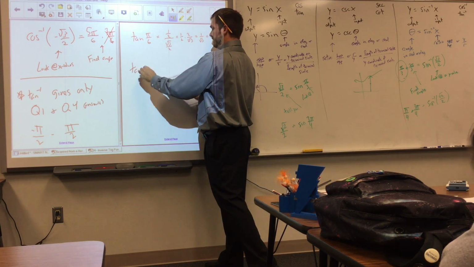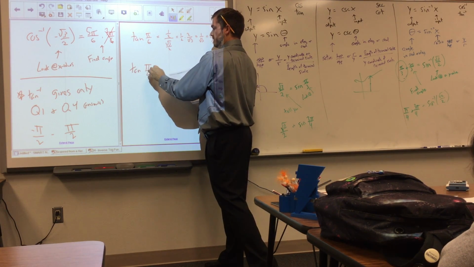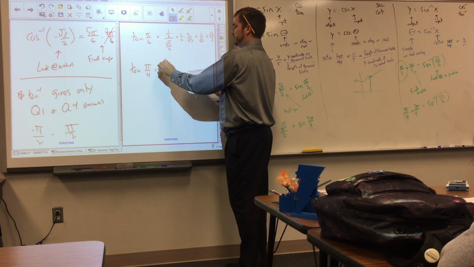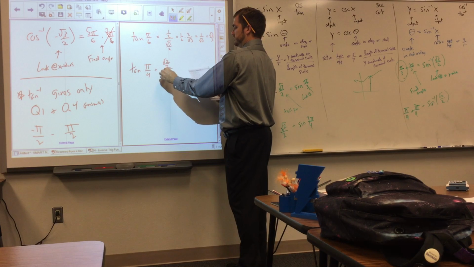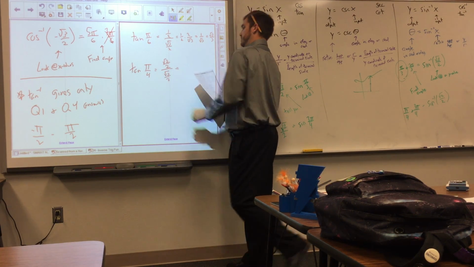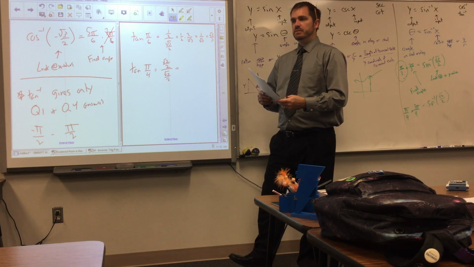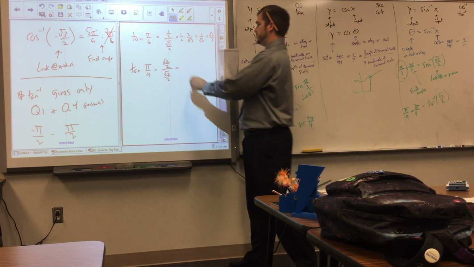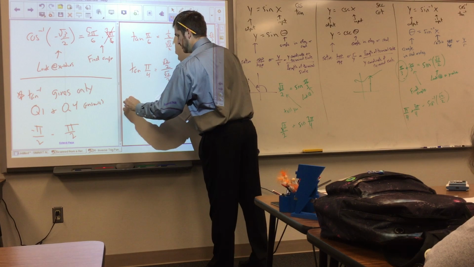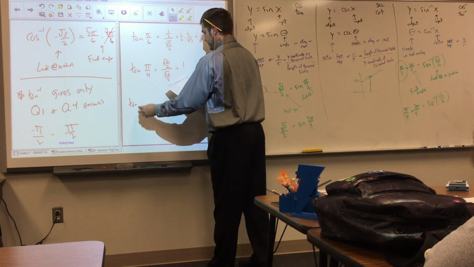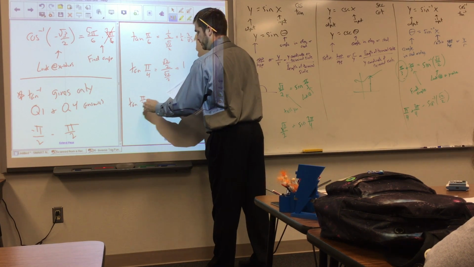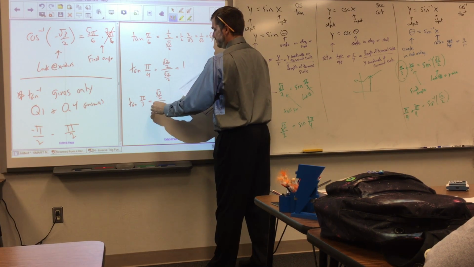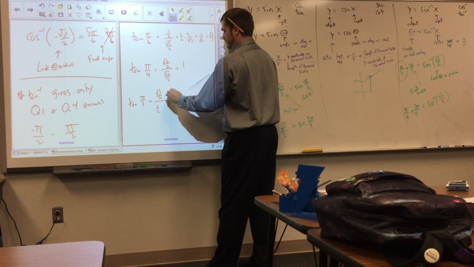Tangent of pi over 4. We could probably do this one in our head. It's the y value, root 2 over 2, divided by the x value, root 2 over 2. So what is root 2 over 2 divided by root 2 over 2? You are correct. Tangent pi over 3 is root 3 over 2 divided by 1/2.